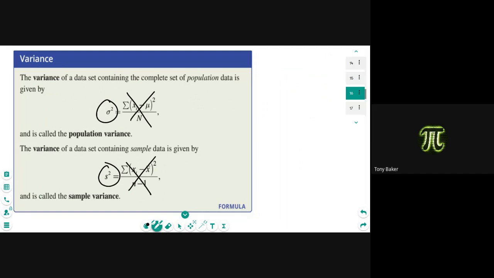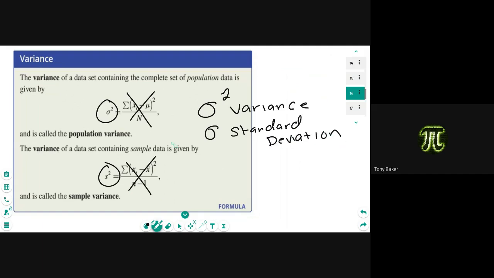So the first one is population variance. It's that little tiny o with the little tail on it, σ.